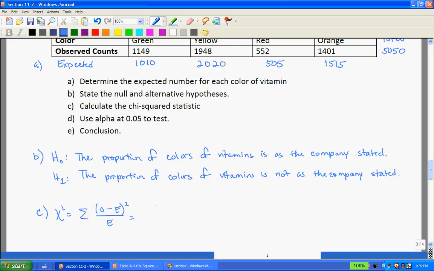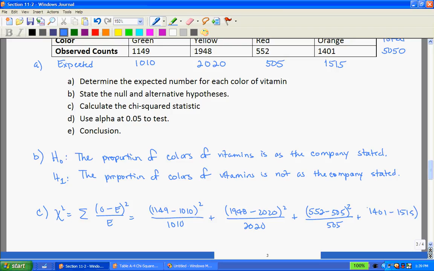So observed for green was 1149 minus 1010, that gets squared, divided by 1010, plus 1948 minus 2020, squared, divided by 2020. And then 552 minus 505, squared, divided by 505. I'm just giving you an alternate way to write this. Some of our brains work a little bit differently, and you may prefer to set it up this way rather than using a table.